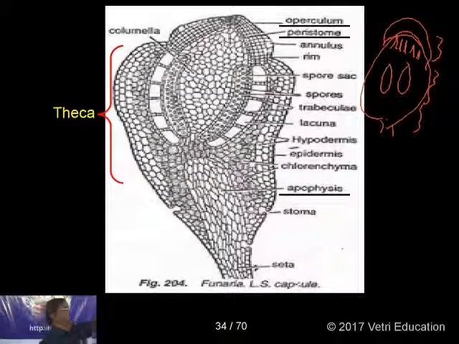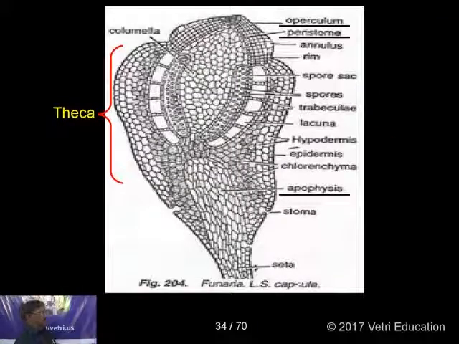So, this is the structure I told you. This is the capsule and it has a seta, and this is the total capsule-like structure. The lower portion is called the apophysis, the sterile region, and then this is the theca proper, where you can find two groups having the sporangia.